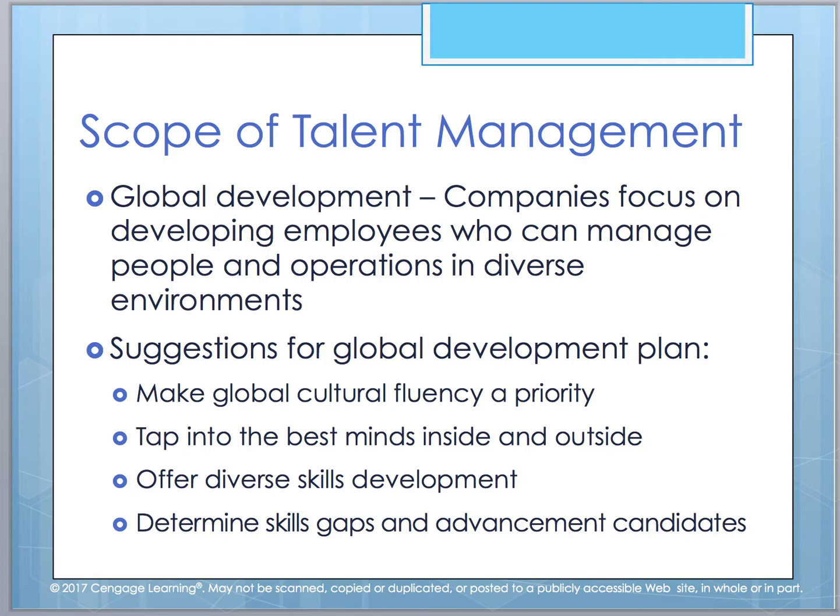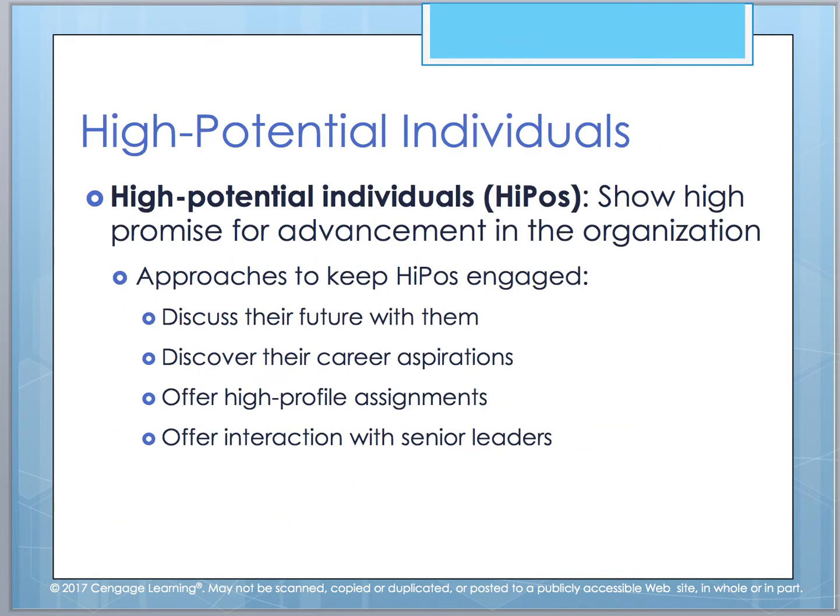Offer diverse skills development and determine skills gap and advancement candidates. You need to know where the gap is between where they are and where they need to be, and making sure that you're properly advancing candidates who are more qualified to go higher up or to achieve greater responsibility.